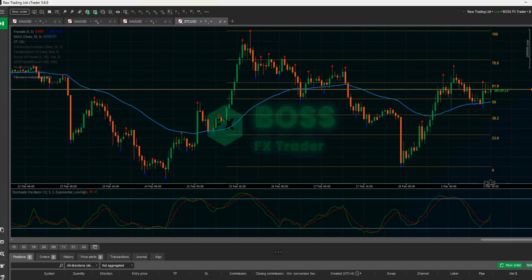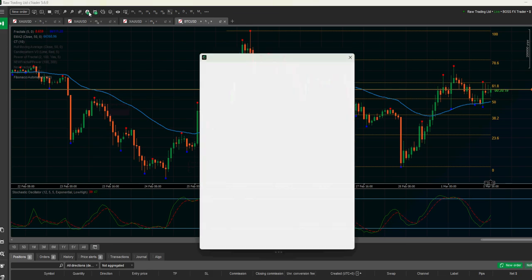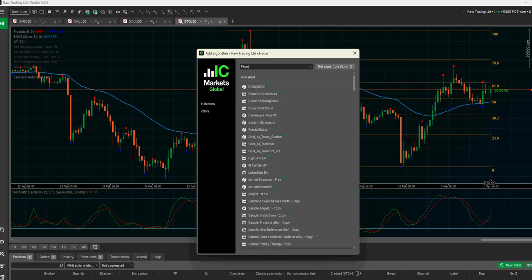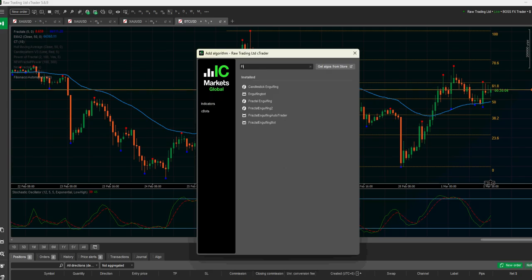Okay, so we'll go to the indicator, and then you can just go to this indicator here and search for Fibonacci automated.